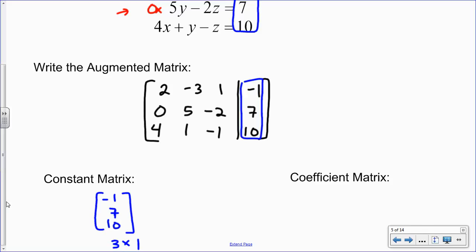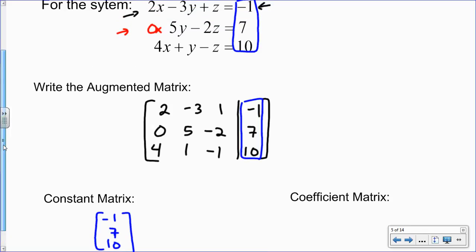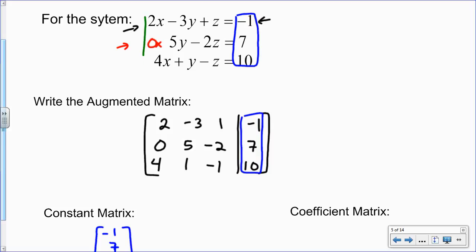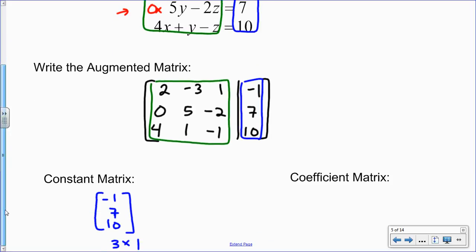Okay, the coefficient matrix then is the other part. It's the numbers with the variables. So back in your system, it's right here. Okay, so this part of the augmented matrix. So I'm just copying that part down.